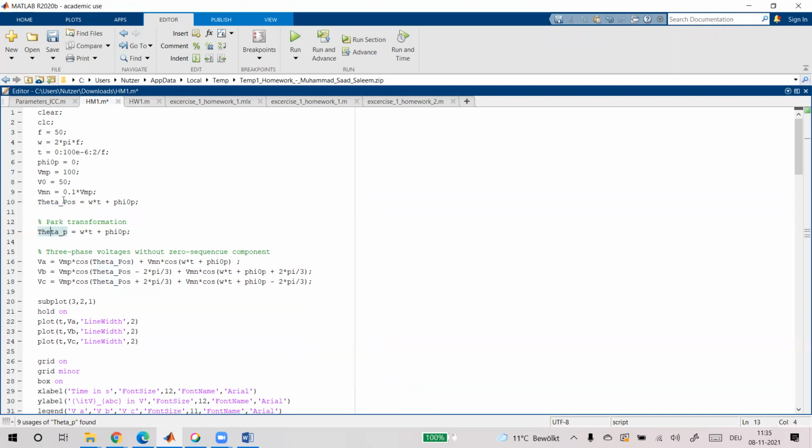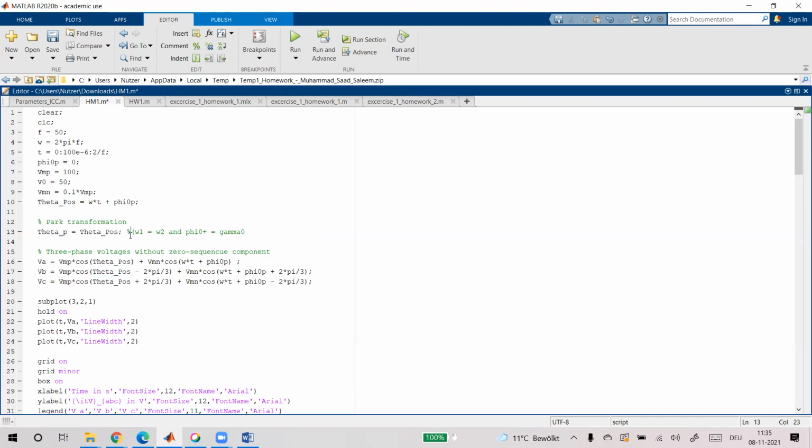So now the park transformation angle, I make the same as the positive sequence angle. Is this clear? So what does it mean? It means our omega 1 is equal to omega 2, and your phi naught plus is also equal to gamma naught, right?